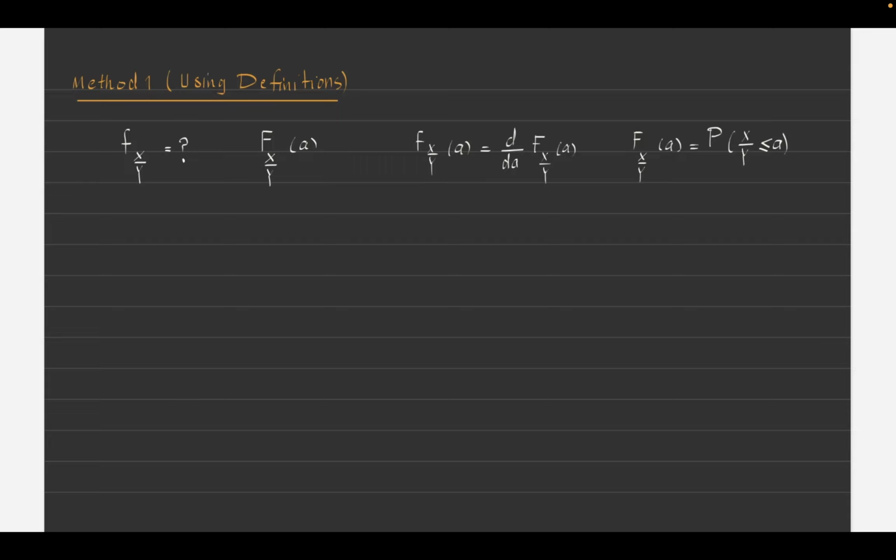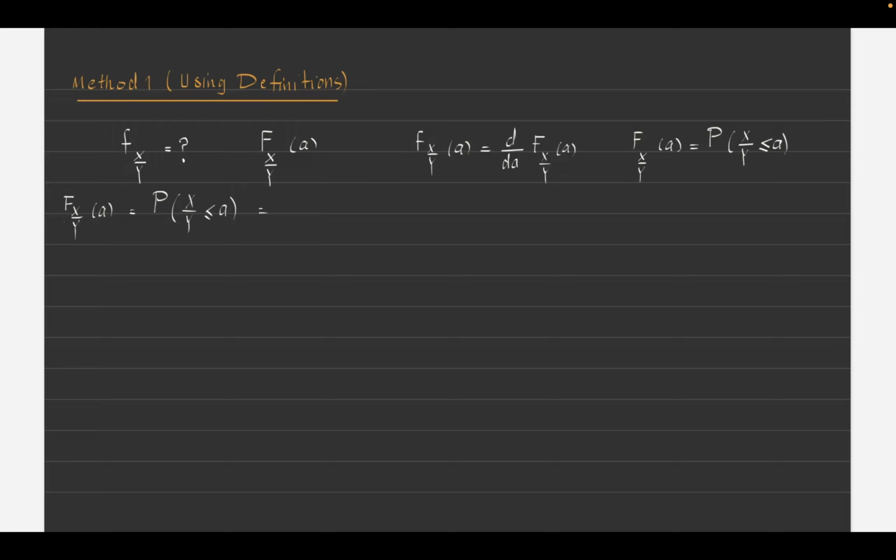Okay, let us now start calculating this using this definition. Capital F of x over y at a is equal to the probability that x over y is less than or equal to a.